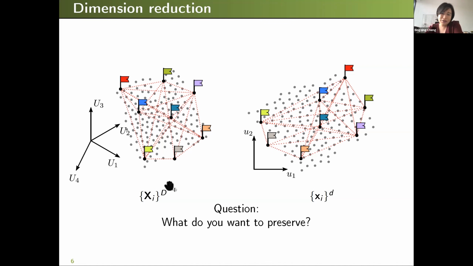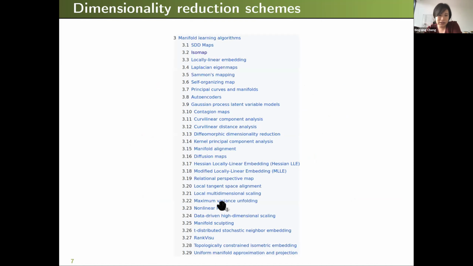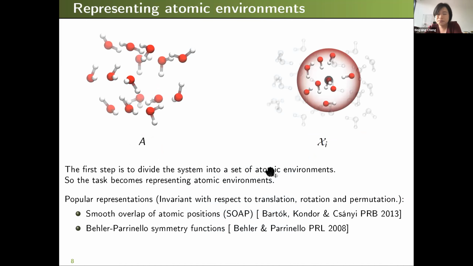And different methods really depend on one question: you have a bunch of high-dimensional data, and you want to reduce it to low-dimensional data. Depending on your answer to what exactly you want to preserve, you end up with a different methodology, which I will not go through.